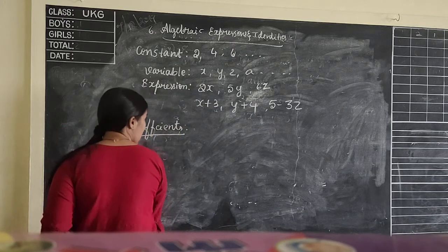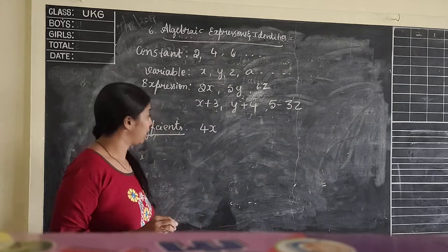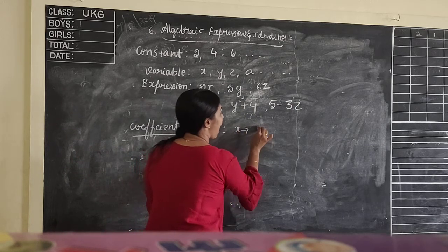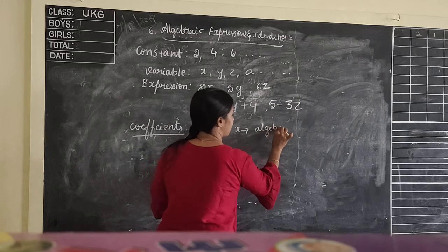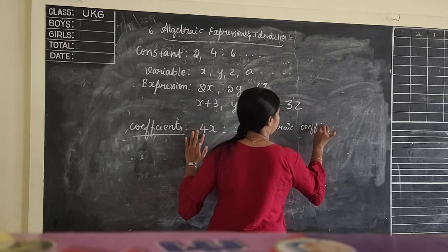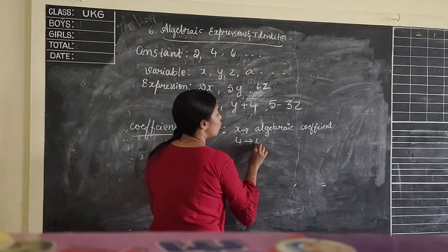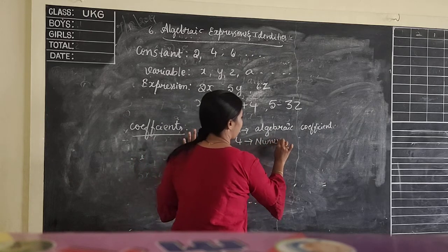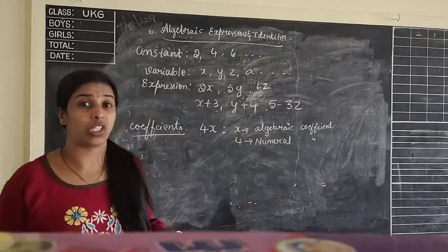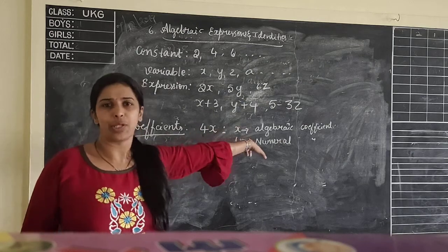Suppose the term 4x, in this x is the algebraic coefficient. 4 is a numeral coefficient. Understood? Number is a numeral coefficient, and the variable is an algebraic coefficient.